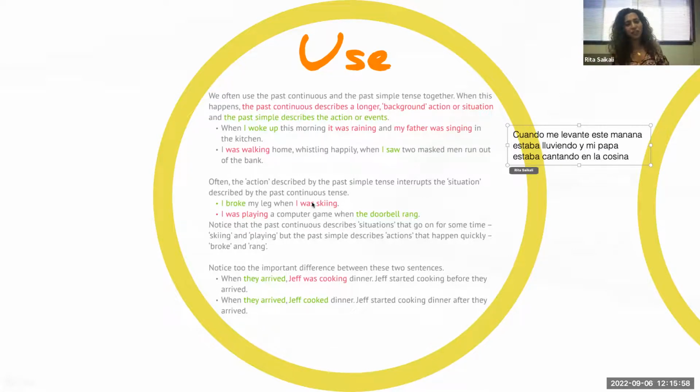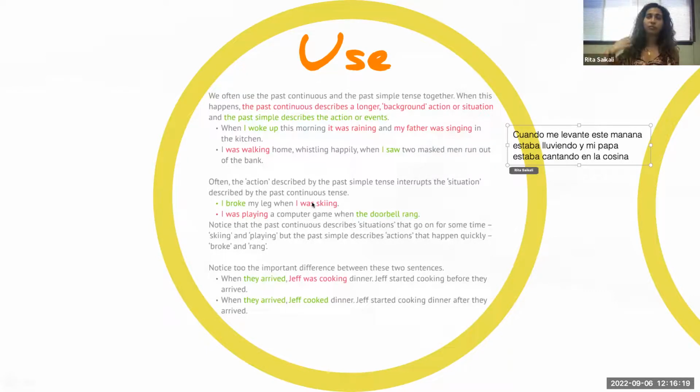So often the action describes the past, which interrupts a situation described. It's kind of what I was saying earlier. So basically, it's an action that was continuing and then something stops it. Whatever it is that stops it is usually the simple past. Okay.